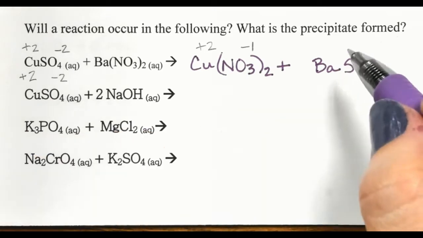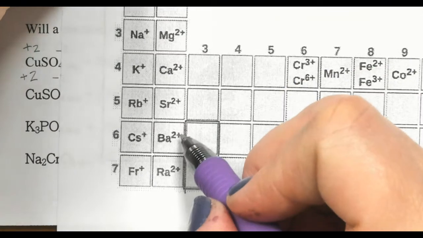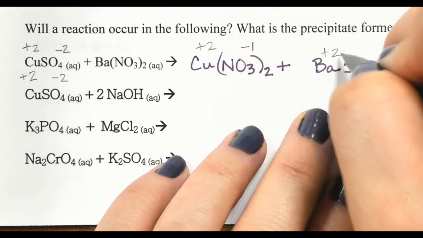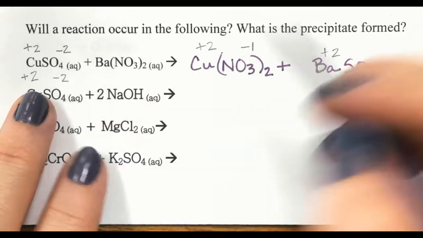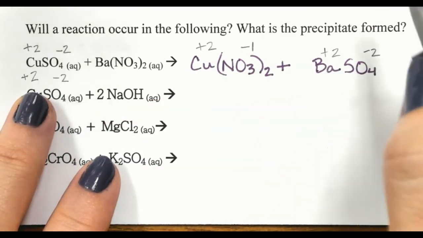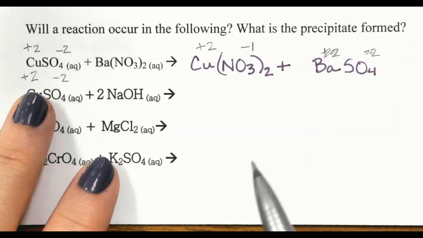Okay, barium is on the periodic table, and it has a charge of +2. And then the sulfate, we already looked it up, has a charge of -2 in our list. +2 and -2 cancel, so you're done. You don't have to do anything with this.